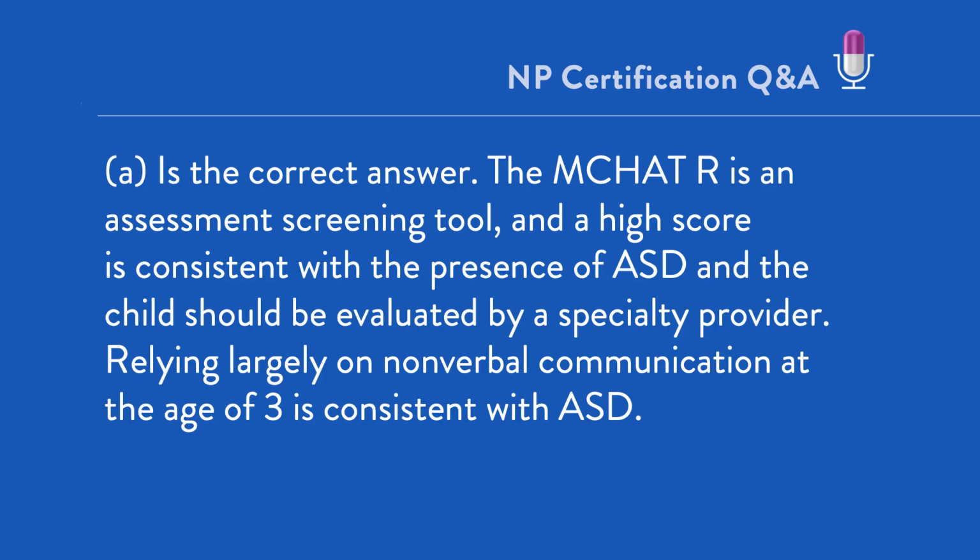This is something that's typically initiated in the primary care setting, but if you work in a mental health setting where you see children, it is not unusual to get the referral, oh, MCHAT R score was X. I think anything over 8, it's a 20-item tool, and obviously you want no points, and the fewer the points, the better, but any points above 8, I believe is considered a high score and requires further assessment.